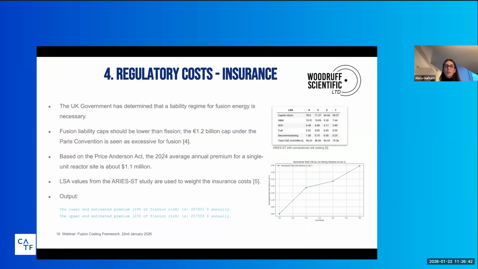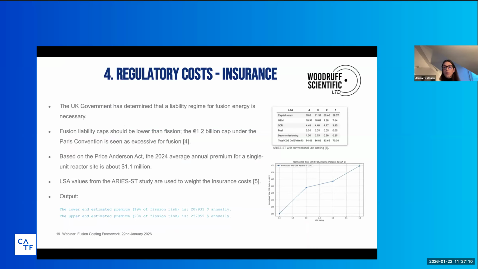We also talked about policy aspects, so insurance and licensing, which are some novelties in this code. And we thought insurance was important because the UK government did determine that a liability regime was necessary, and through discussions with the Clean Air Task Force safety working group, we understood that we should capture this cost.